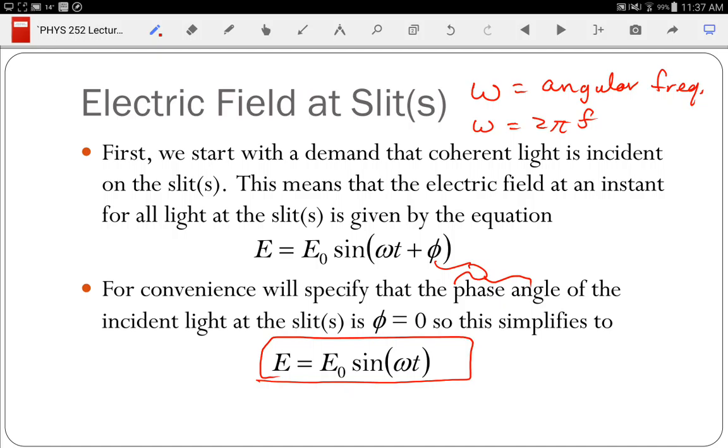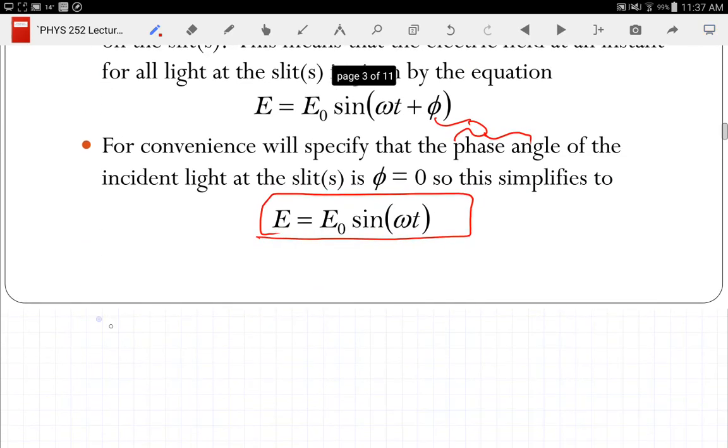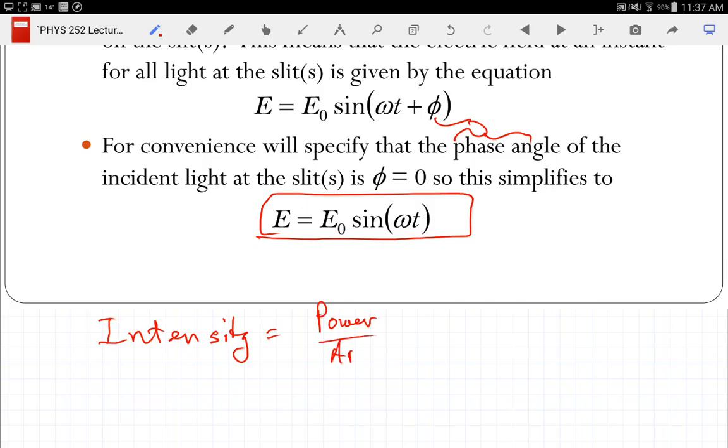Now I am not positive if I have this on the next slide or not, so I'm going to say something now. If it's on the next slide, we'll just gloss over it. The intensity of light is equal to the, well, it doesn't have to be average. It's the power per unit area. And that intensity relates to what we actually see.